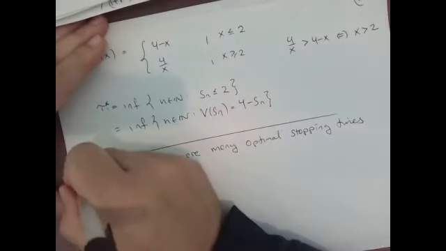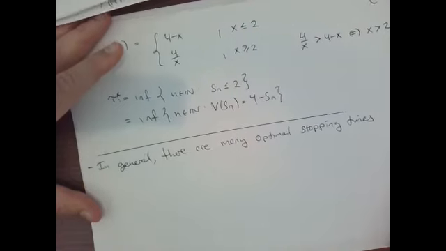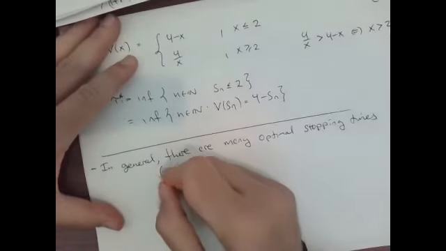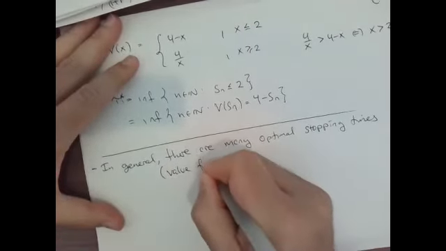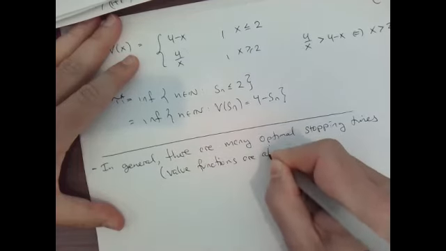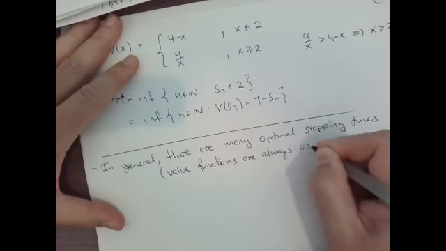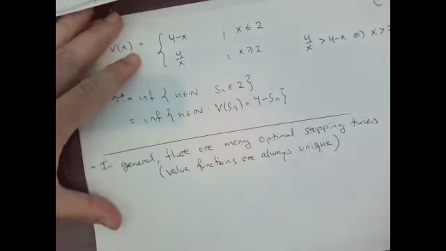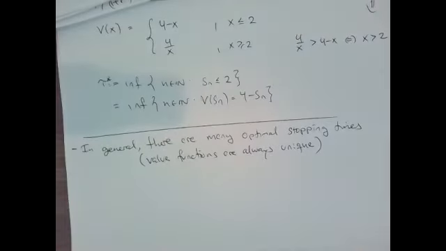So don't expect uniqueness. That's not true. Value functions are of course unique, but it's not true that for optimal stopping problems the stopping times are unique.